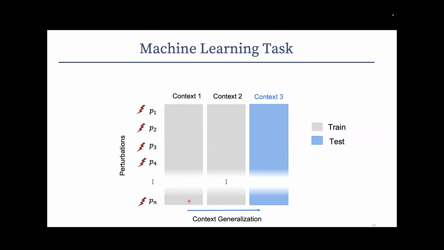We were interested in essentially not just looking across perturbations, but in looking across contexts. For us, this was something a bit more tractable and also something that can actually be quite biologically useful.